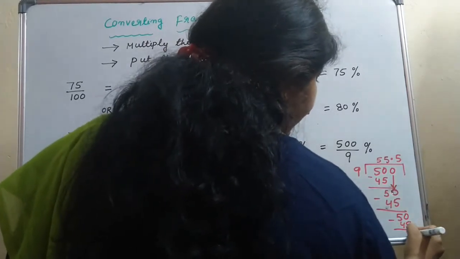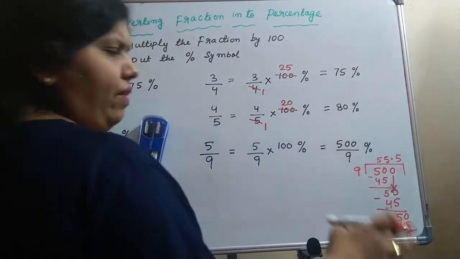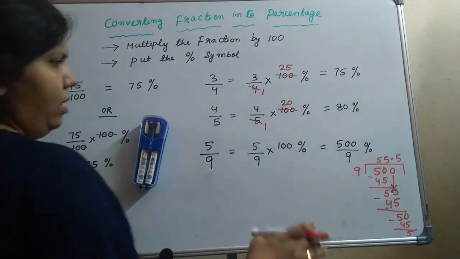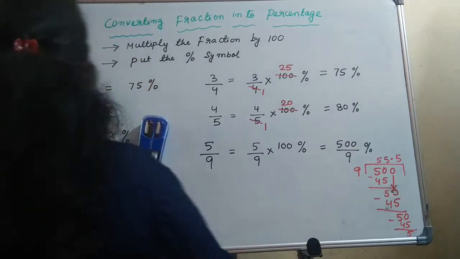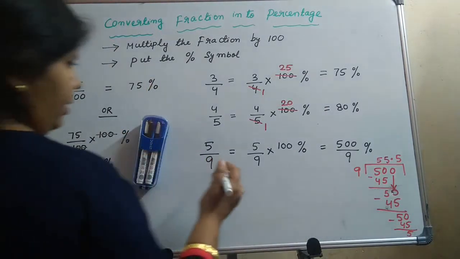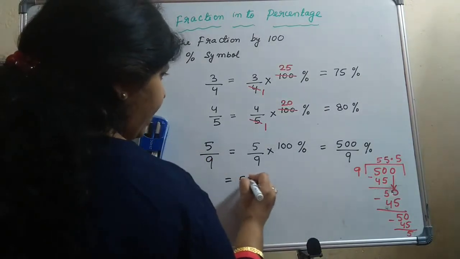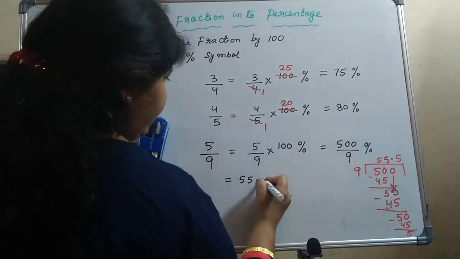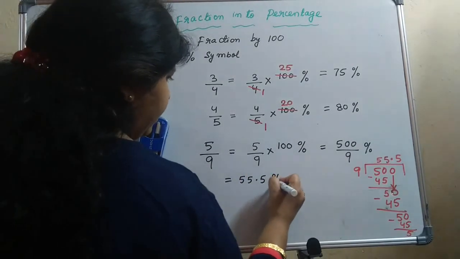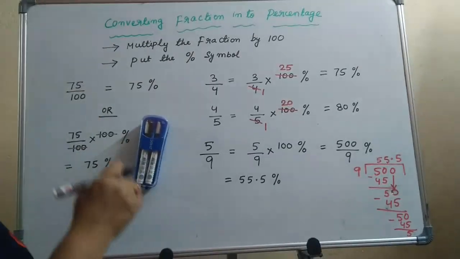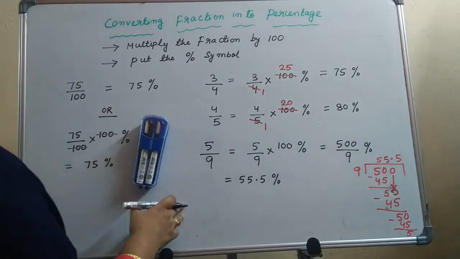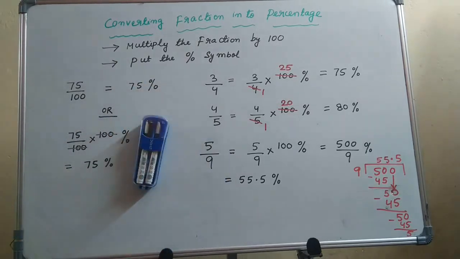So this will go on like this. Every time I will get 5, 5, 5, 5 like this. So I keep it up to 1 decimal. So my answer will be equal to 55.5%. So this is how we are converting any fraction to percentage.